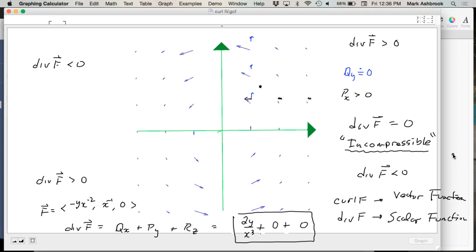So in the first quadrant, we said that in the negative x direction, the expansion is positive. Right. So to analyze divergence, you look at which direction things are moving, and if they're expanding in that direction, you have positive divergence. If they're contracting in that direction of motion, then you have negative divergence. Okay.